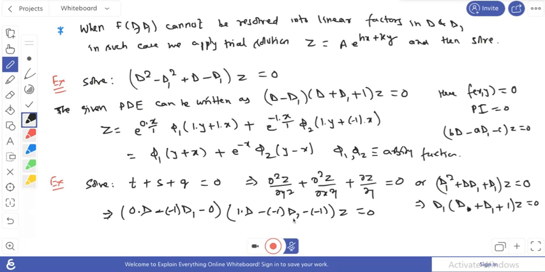Okay, so here you can compare this with d minus a d1 minus c. Okay, so here b equals to a equals to c equals to this term.